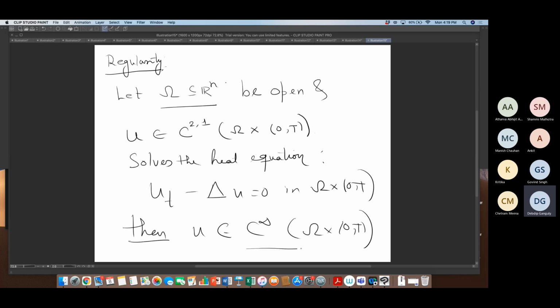Then u is C infinity. That means any C2 solution of the heat equation is regular.